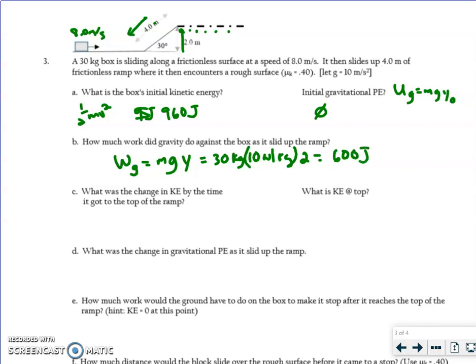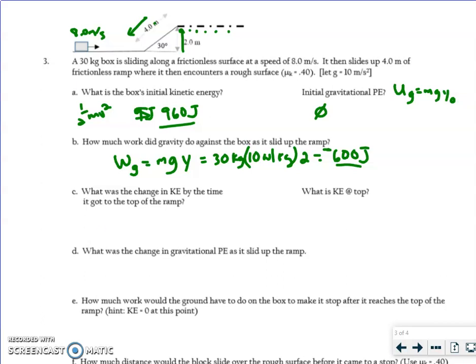So if we did 600 joules against it, that took away from our kinetic. So what was the change in kinetic energy by the time it got to the top of the ramp? We had 960. I'm sorry, I should have a negative there. I should be more careful about that, because gravity was going in the opposite direction as our motion.